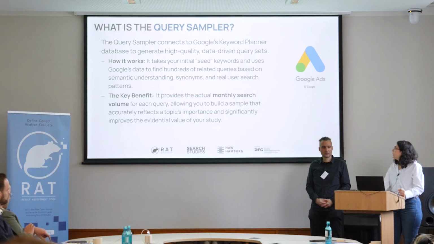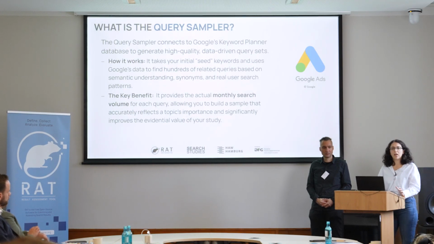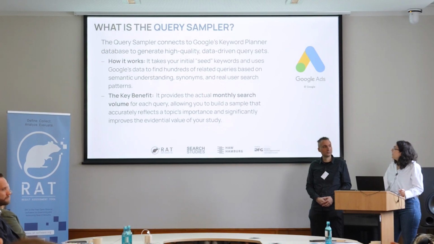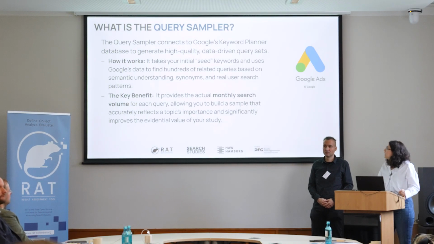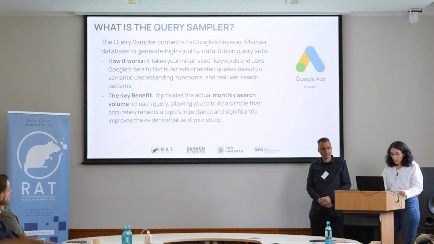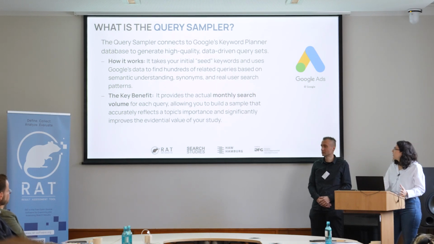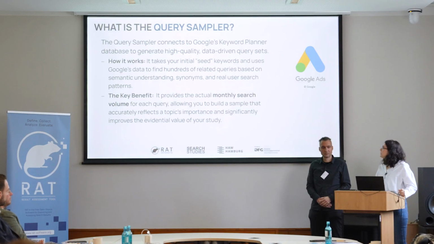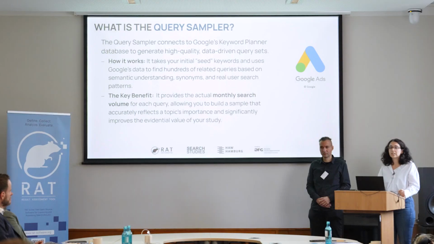Query Sampler is a tool that helps us create high-quality keyword sets, and it connects to Google's Keyword Planner. It takes some starting keywords from you, and based on that, it creates related queries using semantic connections, synonyms, and real user search patterns.